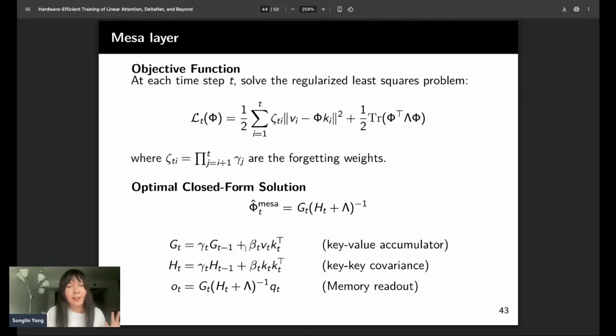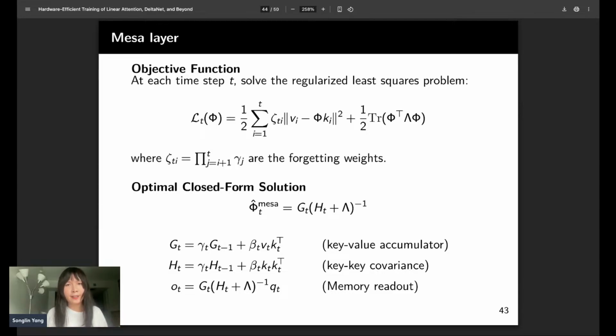And for the memory readout, we can use this strategy to compute the output. And this is a very interesting mechanism that allows you to have a more informed online learning objective that considers the entire history.